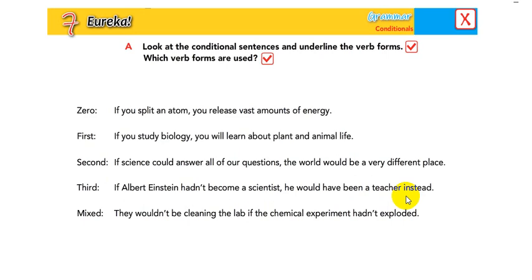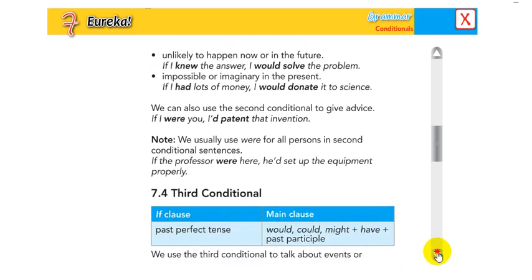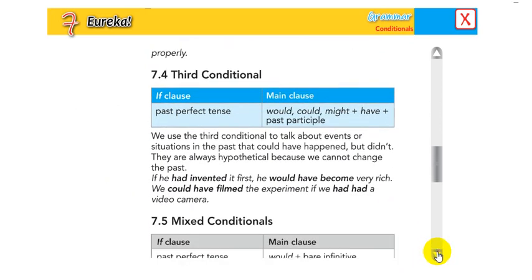So from this example, you can tell me the form, guys. Who can tell me the form of the third conditional? Yeah, it's if plus past perfect, had plus past participle, and in the main clause we use would or could or might have plus past participle.